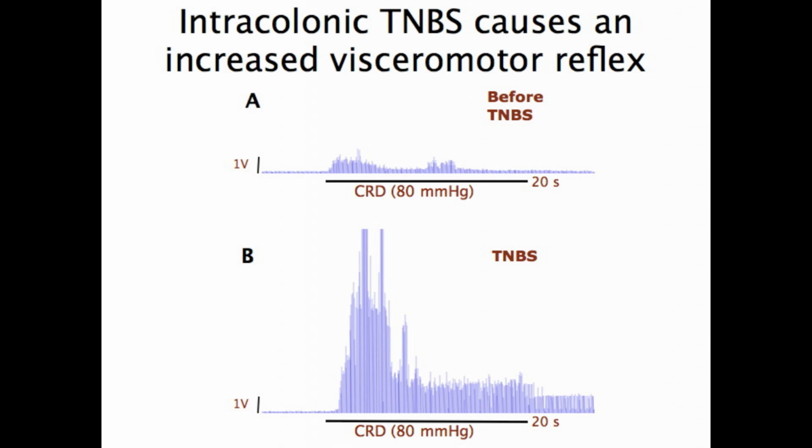So we've talked about visceral pain and visceral hypersensitivity in inflammatory bowel disease. Now we need to try to do something about it. One way to do that is to look for mechanisms that are involved with the pain. So we looked at a protein called TRPV4.